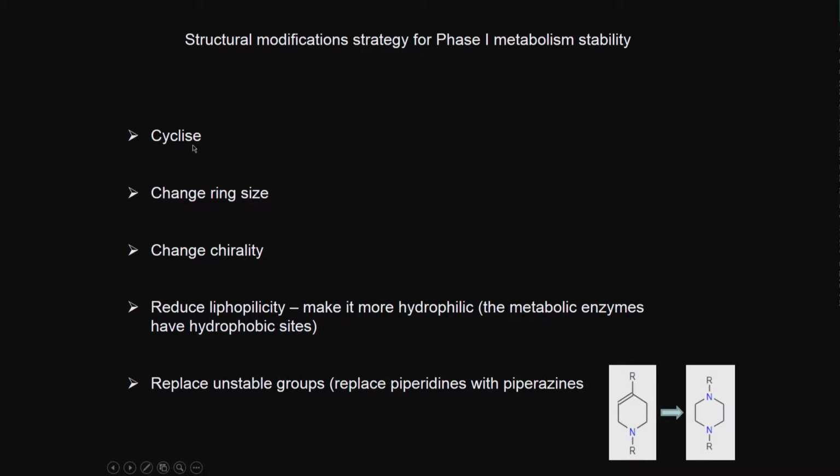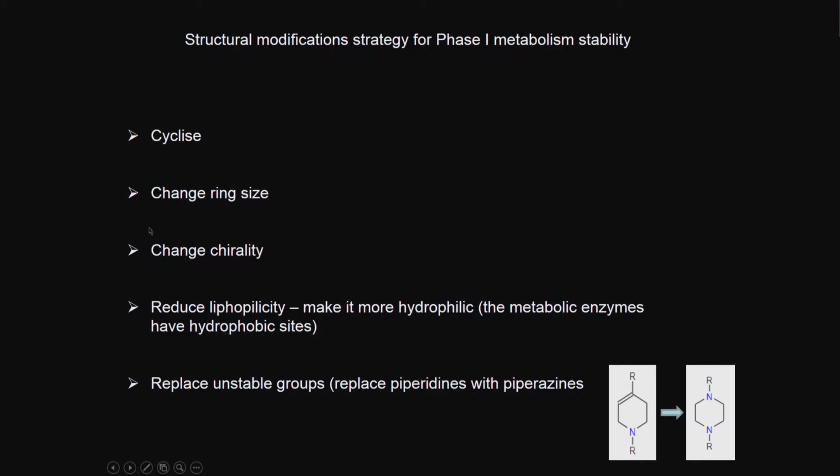What other things? Cyclize, that means instead of linear, make it cyclic, change ring size, change chirality. Reduce lipophilicity, make it more hydrophilic, because the metabolic enzymes have hydrophobic sites. Replace unstable groups. For example, if I replace the piperidine with piperazine, then this becomes more stable.